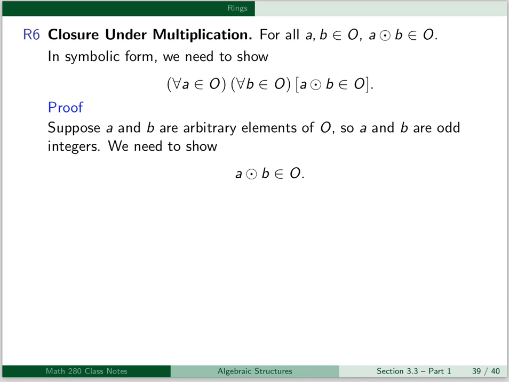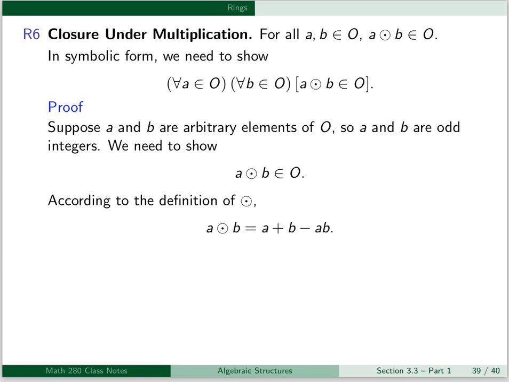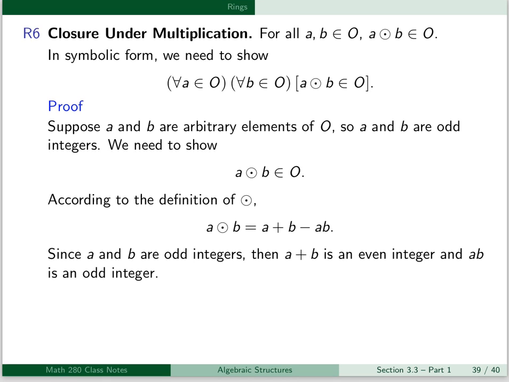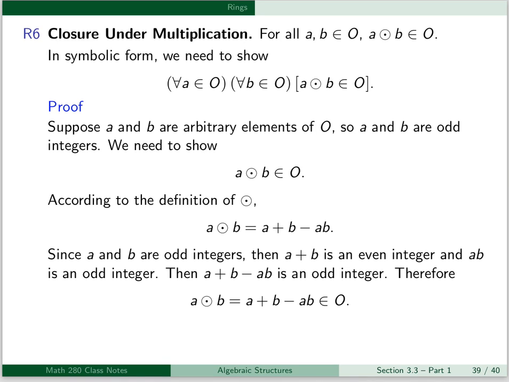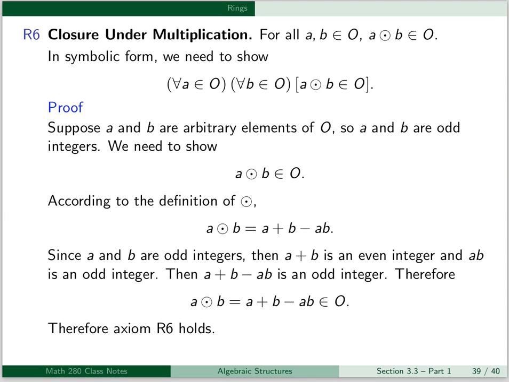And we need to show that a circle dot b is in O. Now, according to the definition of circle dot, a circle dot b is a plus b minus ab. And since a and b are odd integers, then a plus b is an even integer, and a times b is an odd integer. Then a plus b minus ab is an odd integer, since we have an even minus an odd. Therefore, a circle dot b, which is a plus b minus ab, is in O. And therefore axiom R6 holds.